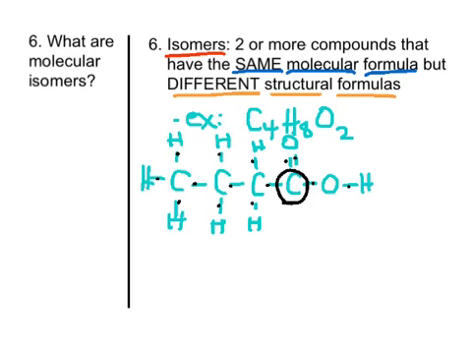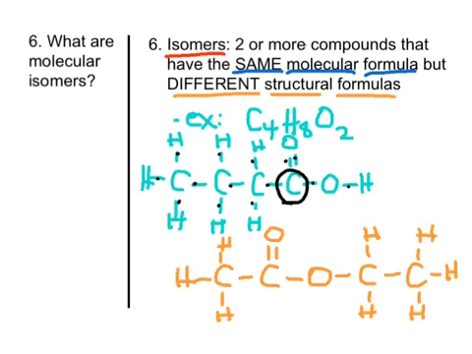Here is a different way. Instead of putting all the carbons together and the oxygen at the end, what if we sandwich that oxygen? What if we do carbon, carbon, oxygen, carbon, carbon? And we can put a double bond oxygen somewhere else and then fill in with all of our hydrogens like this, and we get a completely different molecule because now we have this oxygen here in the middle of the compound rather than at the end.